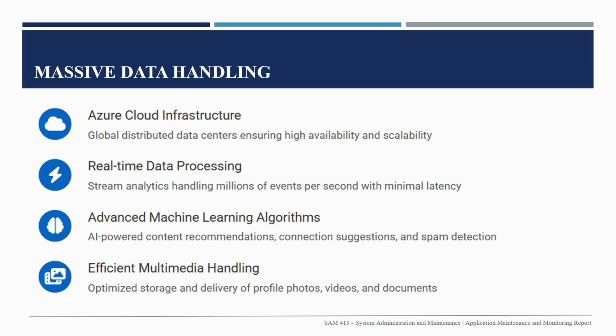The search functionality, which needs to return relevant results from billions of profiles in milliseconds, uses distributed search indexes that are constantly updated. LinkedIn also implements data partitioning and sharding to distribute loads across multiple servers, ensuring no single point becomes a bottleneck.